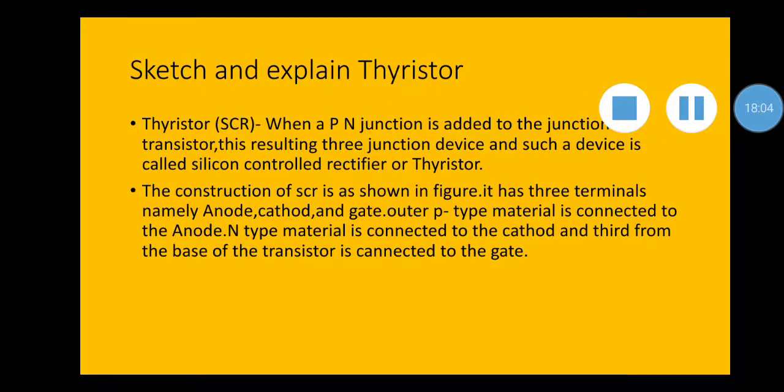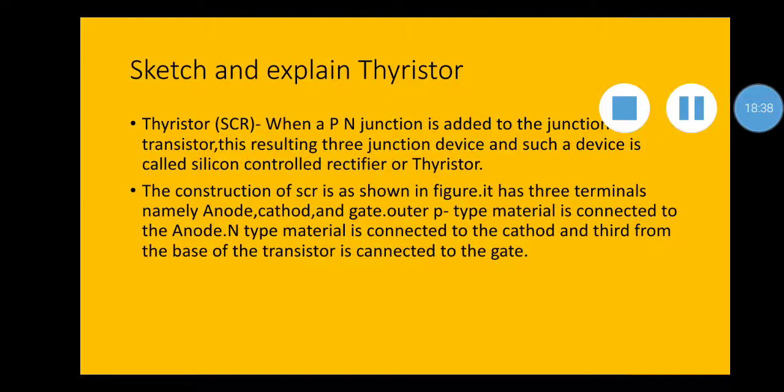When a PN junction is added to the junction transistor, the resulting three-junction device is called a silicon controlled rectifier or thyristor.